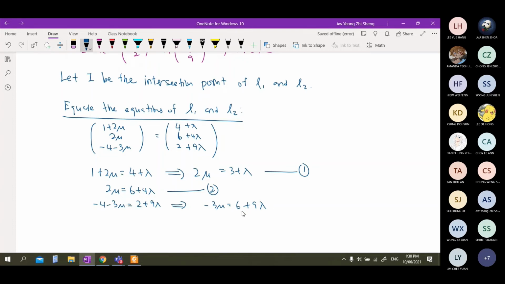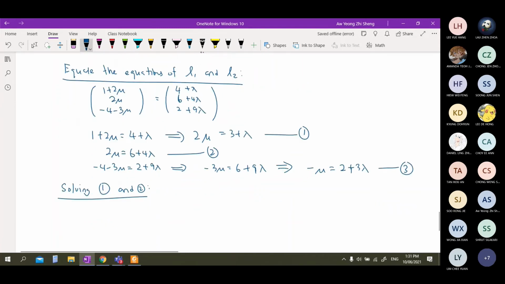Okay, notice that all the coefficients are divisible by 3, so I tidy it up a little bit more. I divide everything by 3. Call this equation 3. Now pick two equations to solve for lambda and mu. Solving 1 and 2.